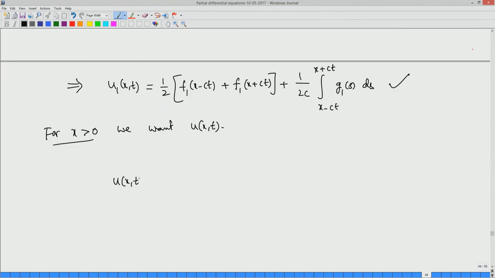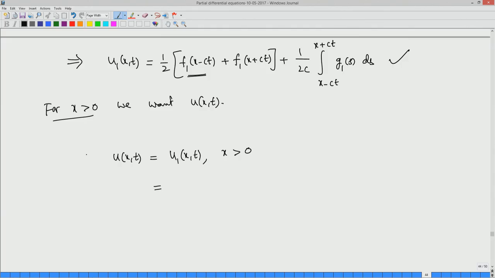You have two cases, and we need to see what happens to this function. So u is actually equal to u1 at x,t for x positive.